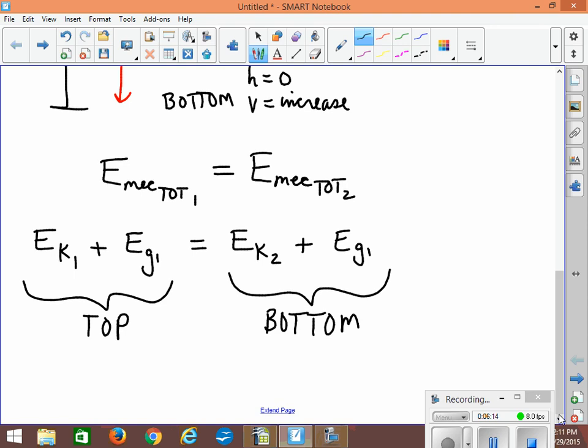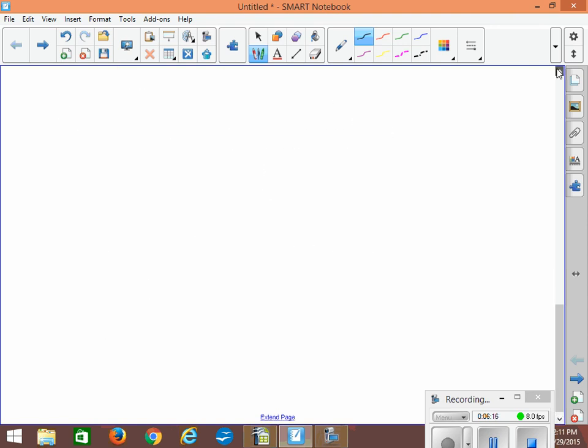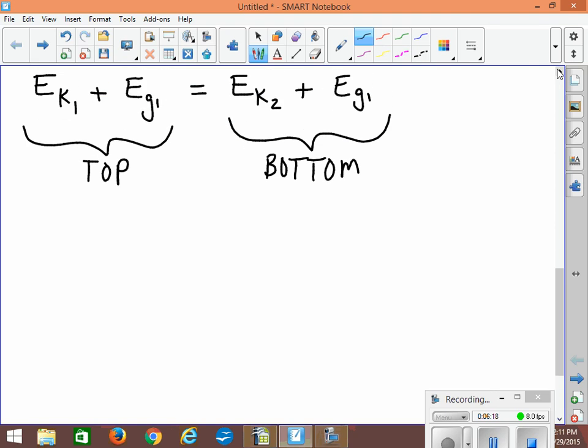So if we continue this on, we can replace these symbols with the actual formulas that are used to calculate them. So this would be 1/2 mv squared, and it would be the initial speed at position 1. And here we would have mg, and we would have the height initially, position 1.